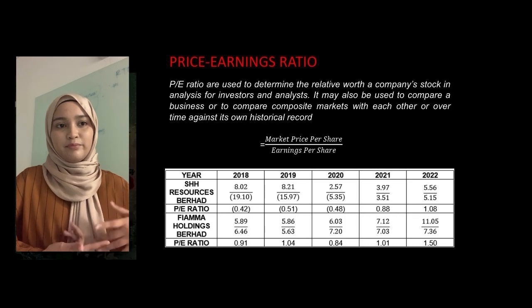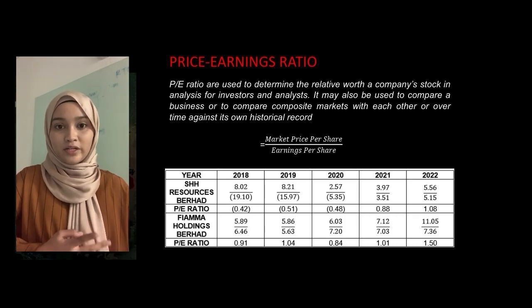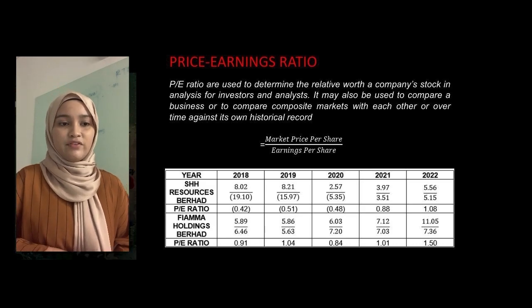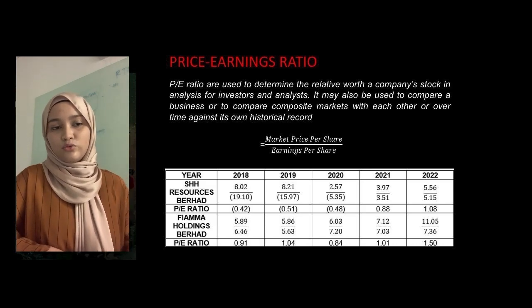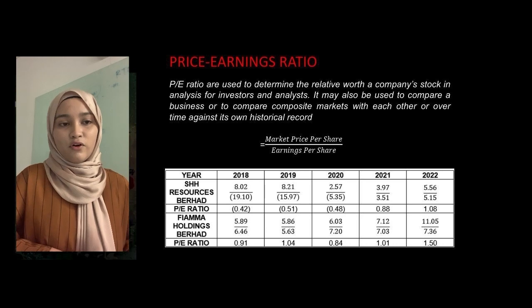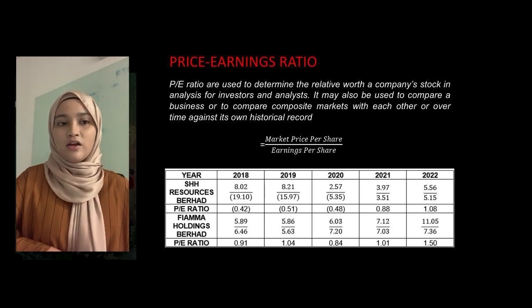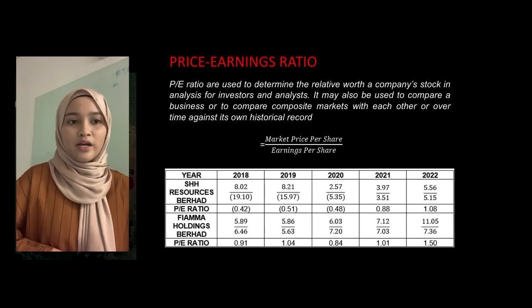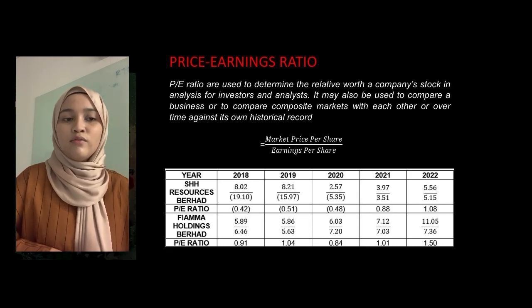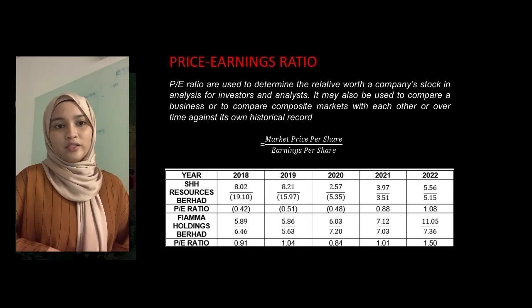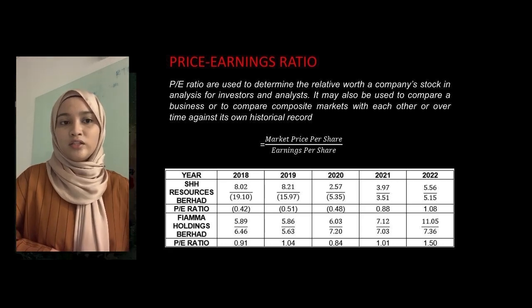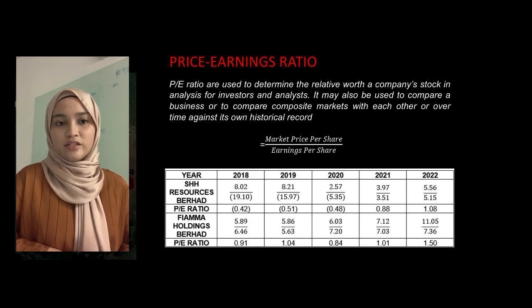So after calculating the price earnings ratio for the 2 companies, we can see that in 2018 SHS Resources got negative 0.42. For the next year, negative 0.51, 2020 negative 0.48, and increasing in 2021 and 2022, 0.88 and 1.08.